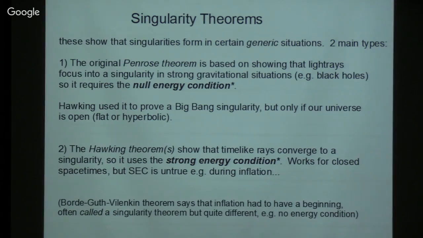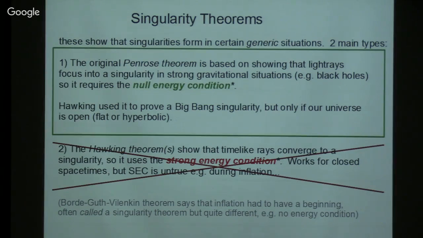So in the so-called eternal inflation, time would still have to have a beginning, or at least you'd have to go back to an earlier era of time where the universe is not expanding on average. This theorem, however, is very different from the other singularity theorems in that it doesn't assume any kind of energy condition. It's just a purely geometrical tautology about any possible geometries. So I don't actually consider it a singularity theorem in the usual sense.